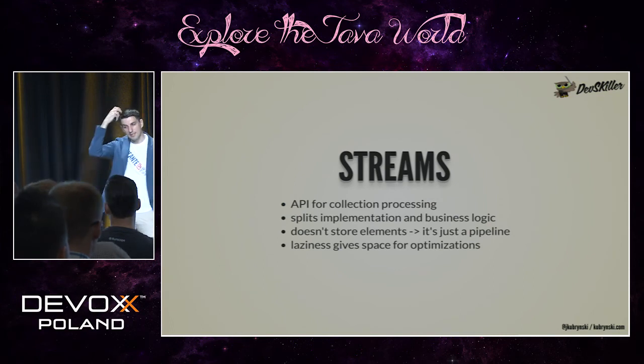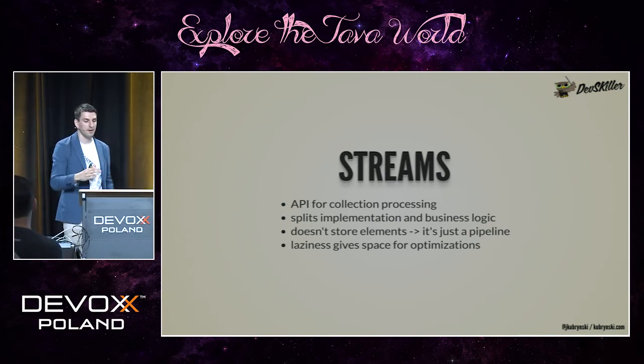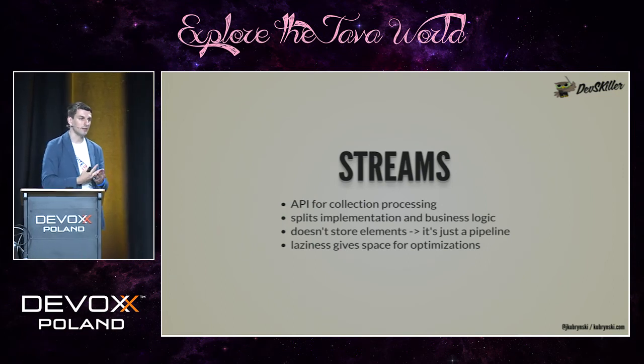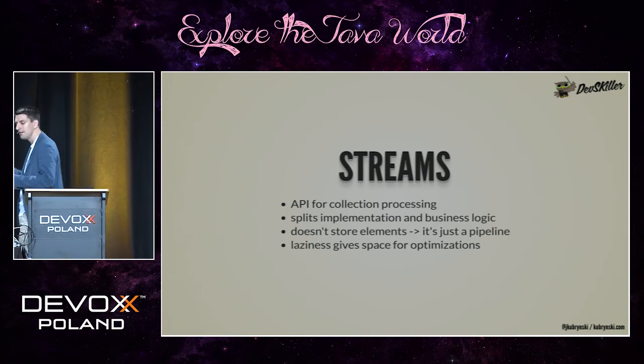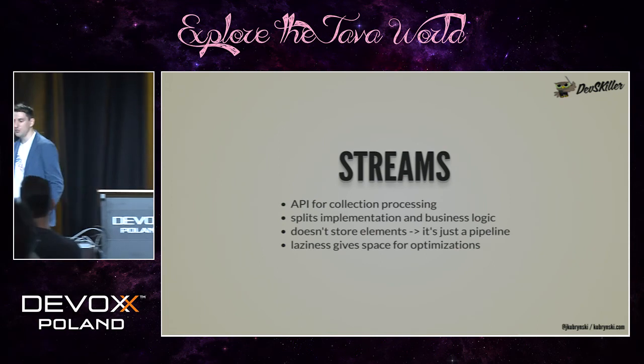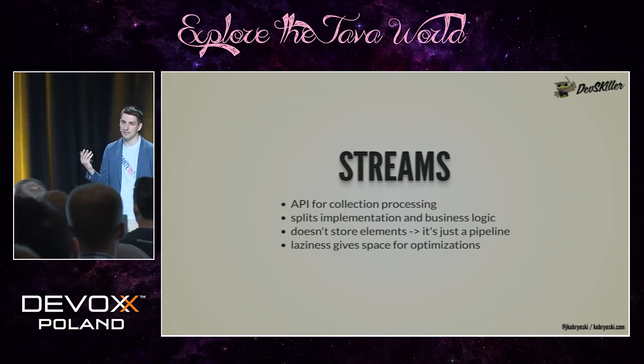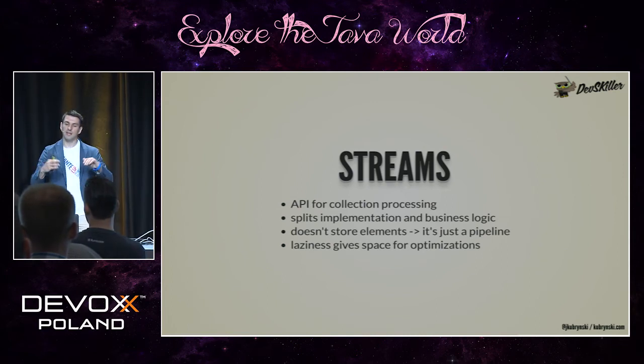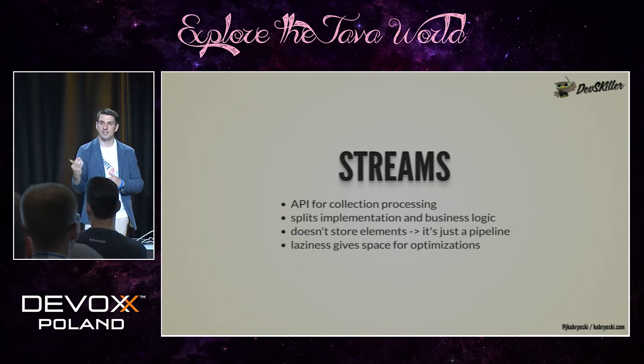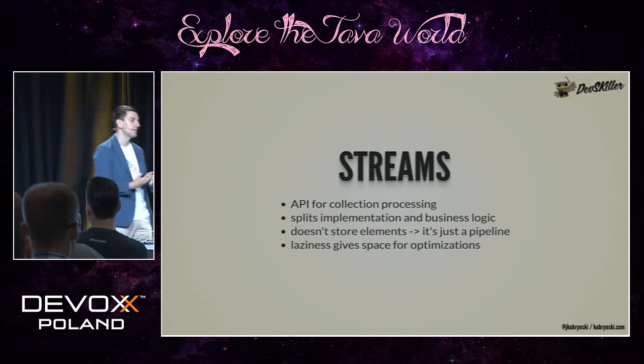Streams are a really big thing in Java 8. They allow us to do a lot of quite nice things. For example, there is an API for collection processing, so I can split my implementation and business logic, similar to using declarative transaction management.